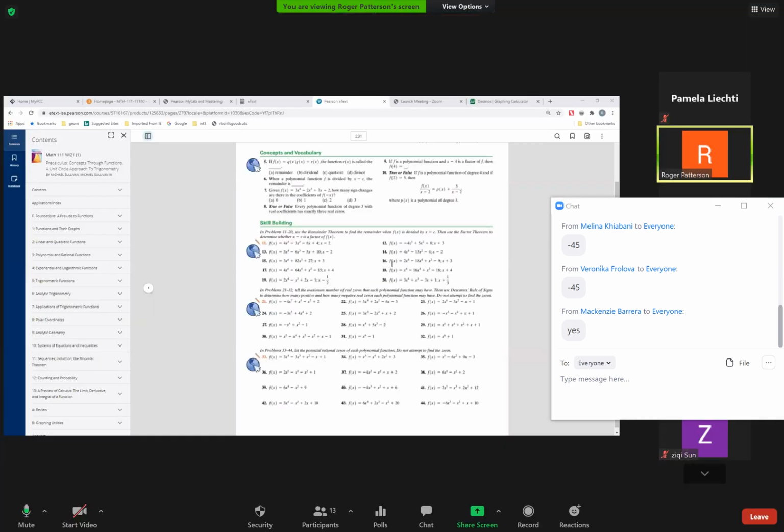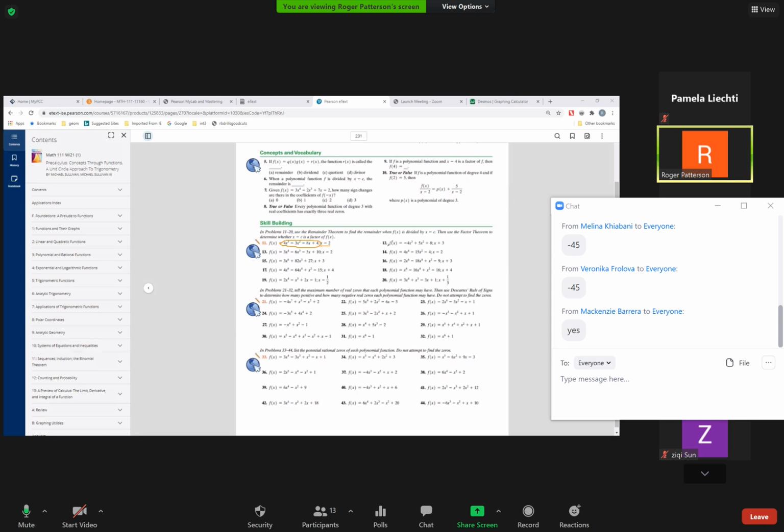And here's what this says. Use the remainder theorem to find the remainder when f of x is divided by x minus c. Then use the factor theorem to determine whether it's a factor. Okay? So what are we going to do? Well, we're going to take this thing right here, and divide it by this using synthetic division.